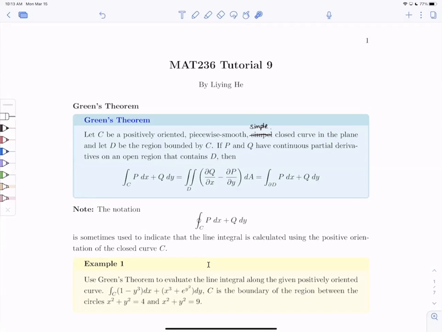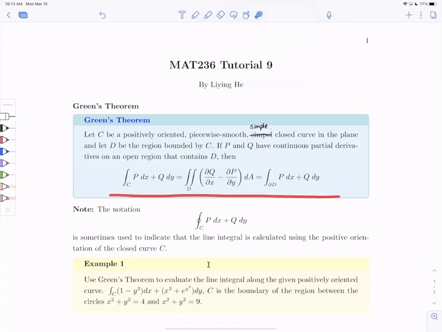Let C be a positively oriented, piecewise smooth, simple closed curve in a plane, and let D be the region bounded by C. If P and Q have continuous partial derivatives on an open region that contains D, then we have this.